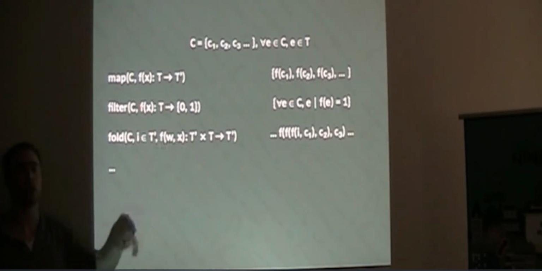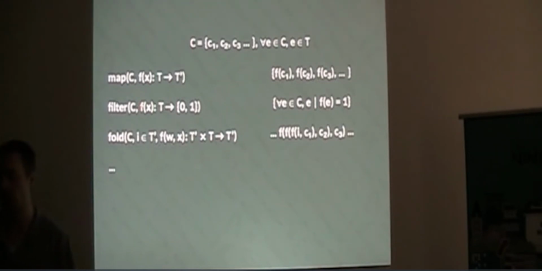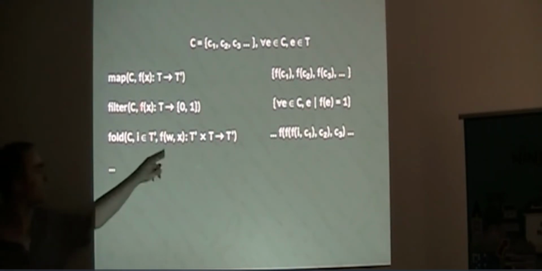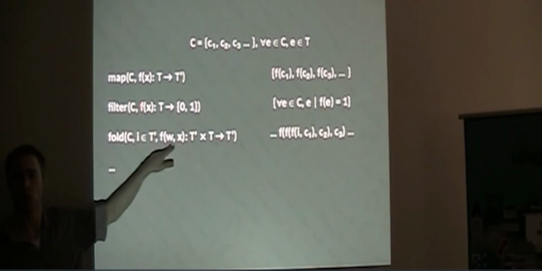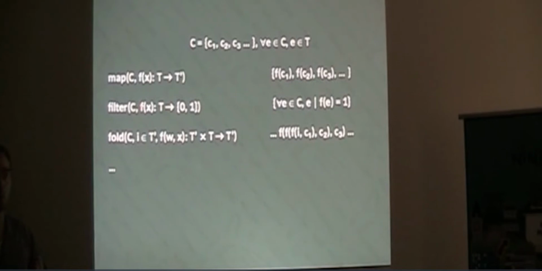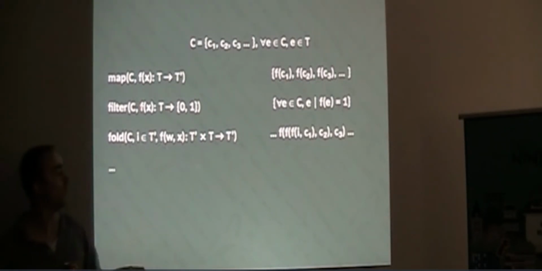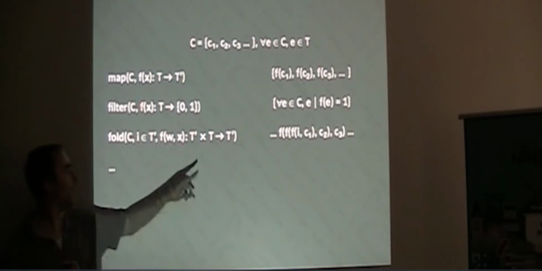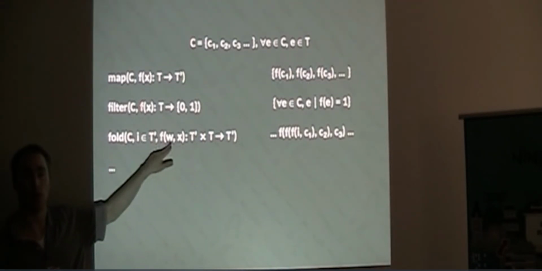One corresponds to an element from the collection, and the other corresponds to the accumulated result that you've computed so far. Fold will first take the initial value and the first element of the collection and use this function to compute a value.